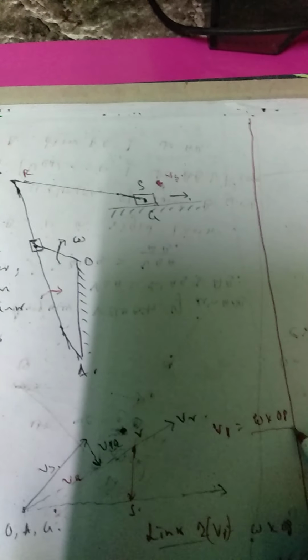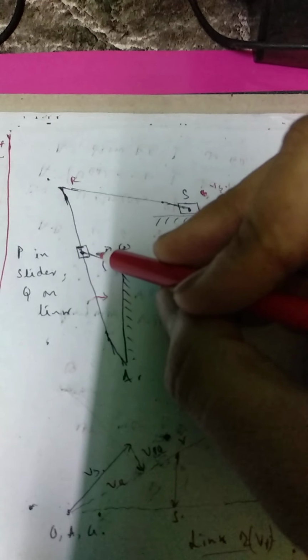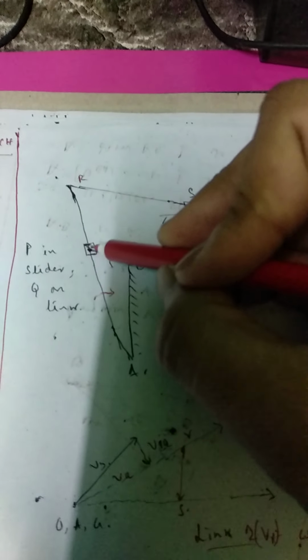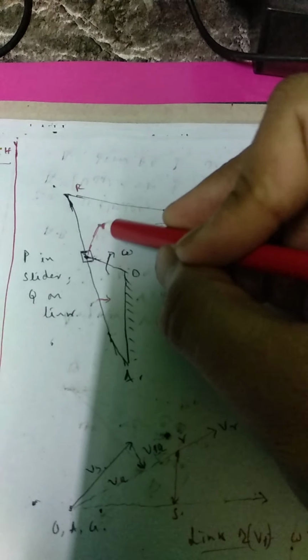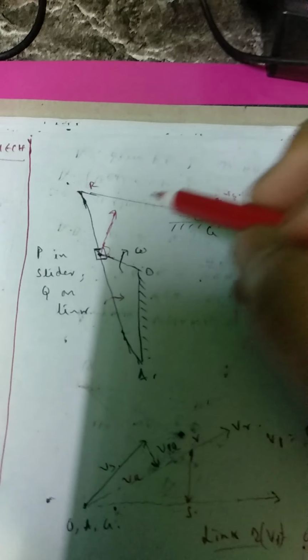So this is a known value. Now this velocity will be perpendicular to this link OP, so it will be, suppose, in this direction, perpendicular, and this value is known.